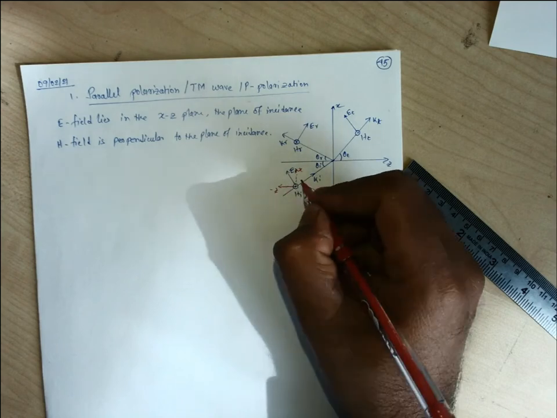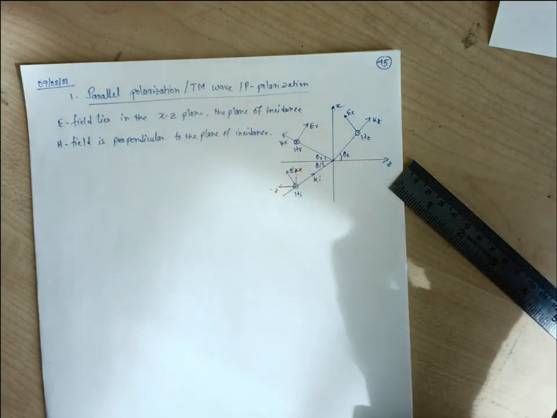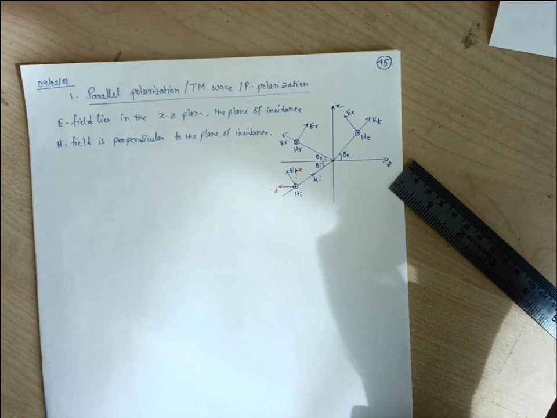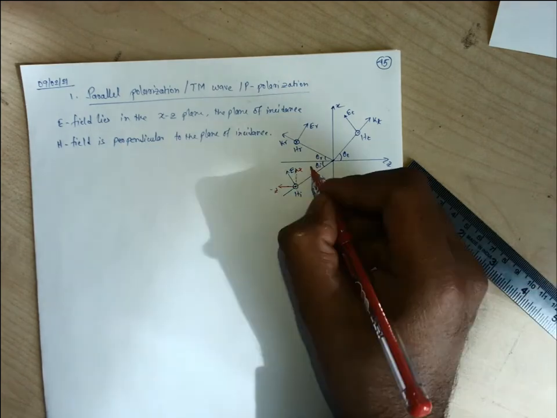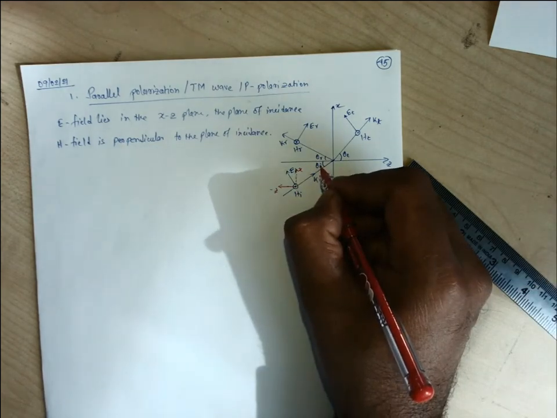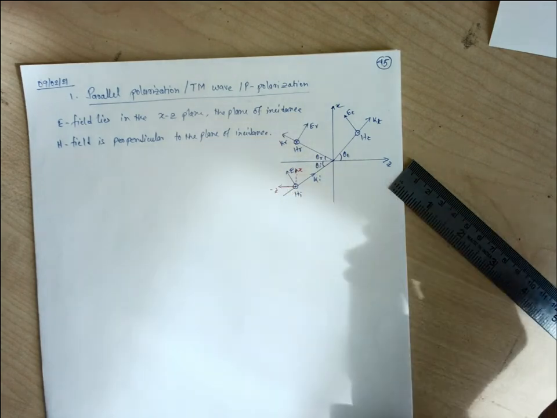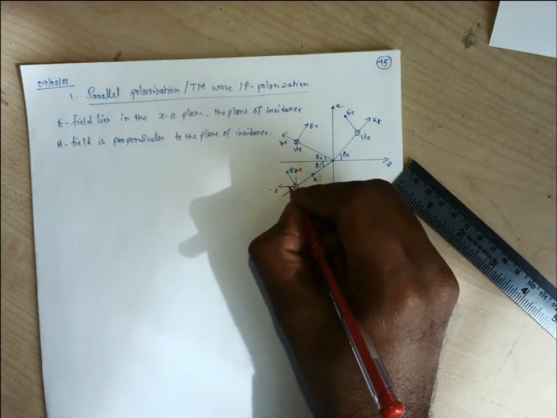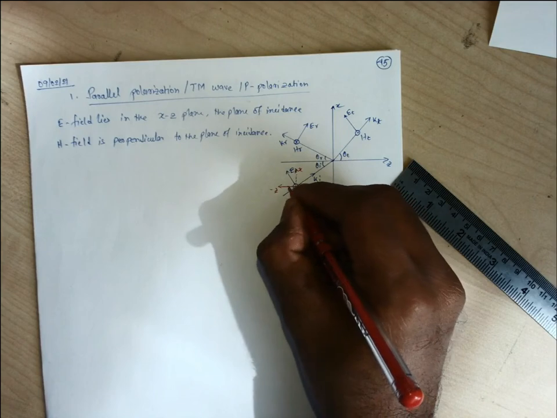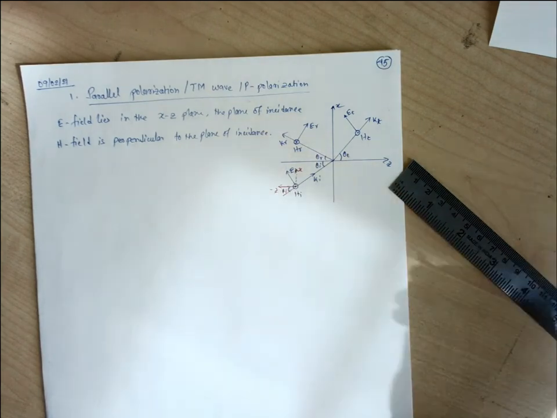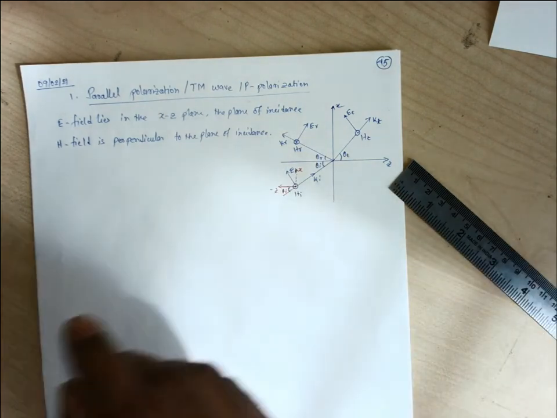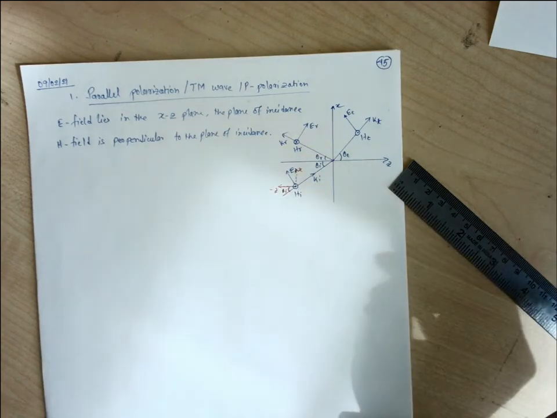So how to find it? This x and z have 90 degrees between them. This angle is 90 degrees. Since this is incidence, obviously this angle is also theta I. This angle is the same as this angle.